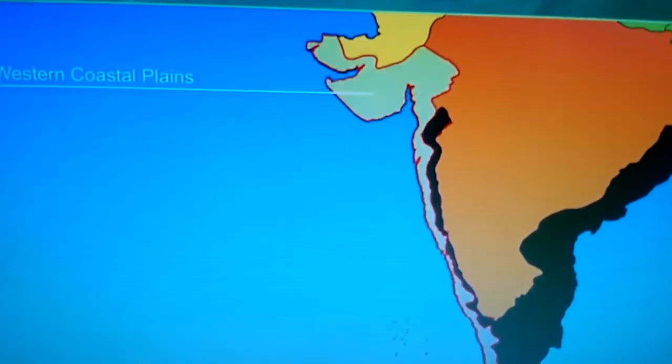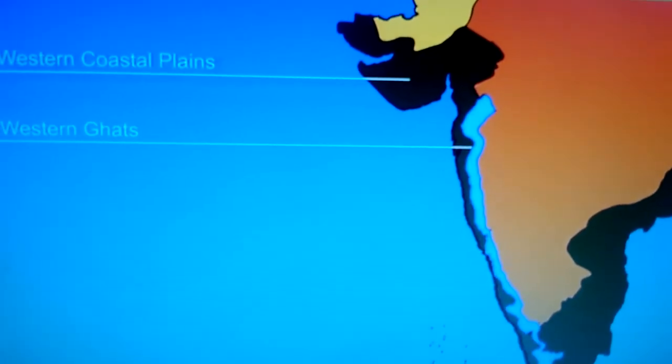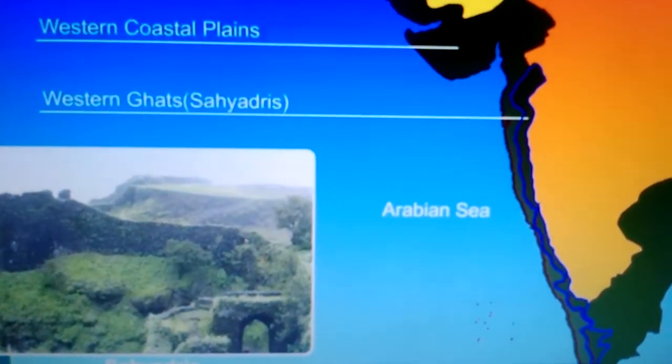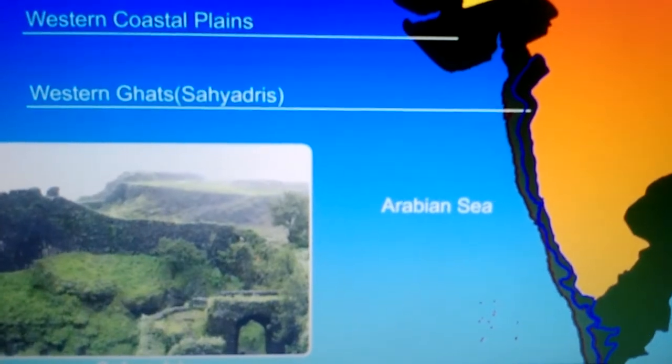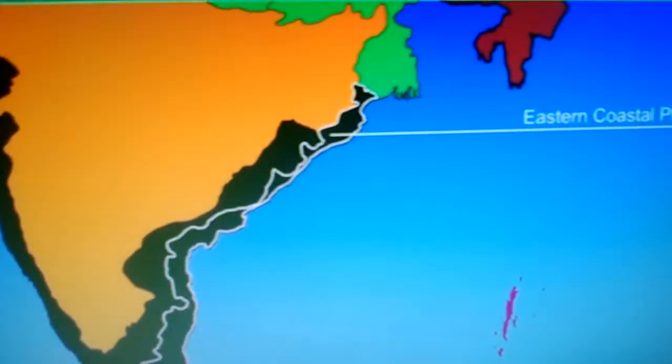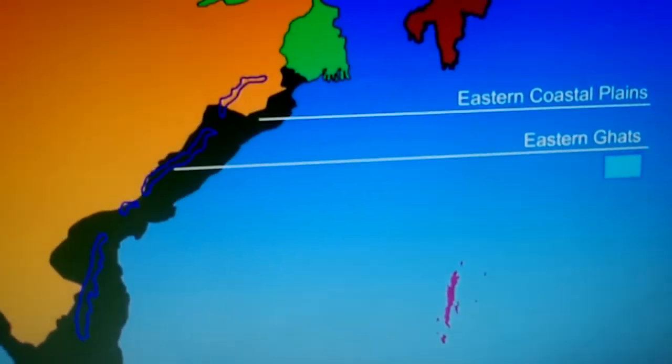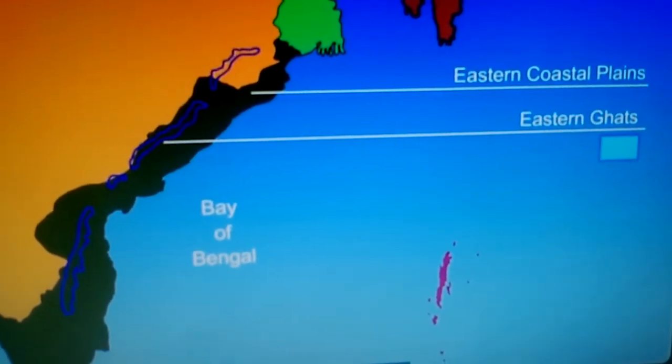The western coastal plains lie between the Western Ghats, also called the Sahyadris, and the Arabian Sea, while the eastern coastal plains lie between the Eastern Ghats and the Bay of Bengal.